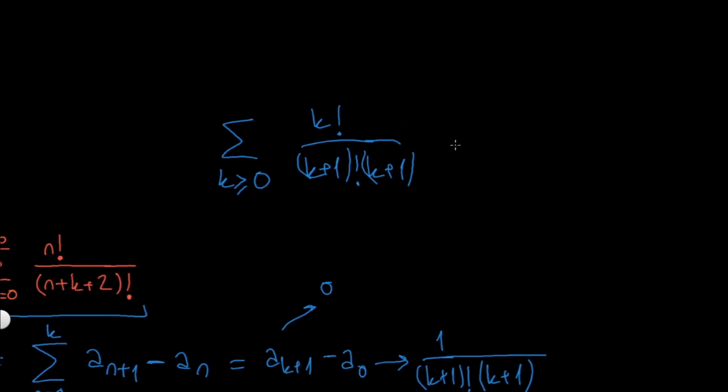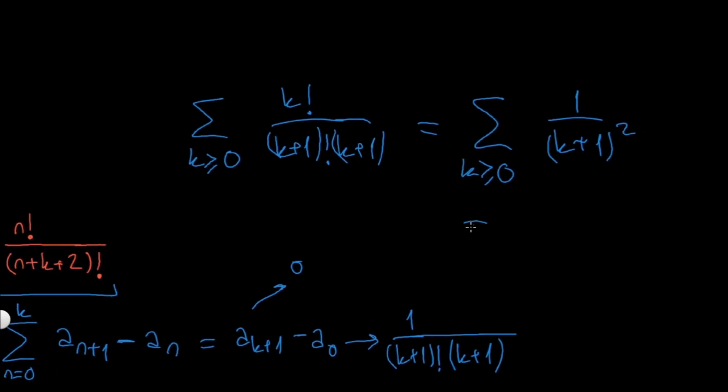And now what happens? Well, I can just simplify. K plus 1 factorial is k plus 1 times k factorial, so they will simplify nicely. K from 0 to infinity. It will be 1 over k plus 1, which is (k+1) squared. And well, this is actually a very famous sum.